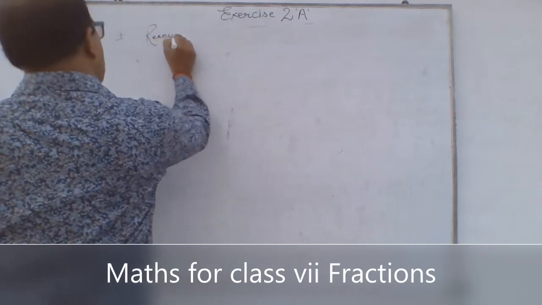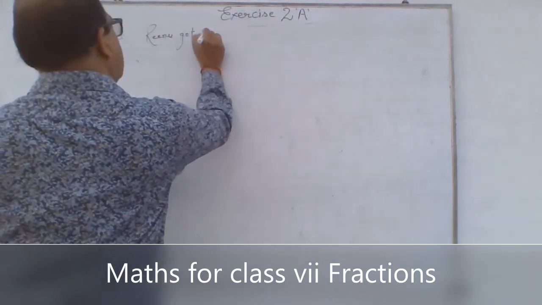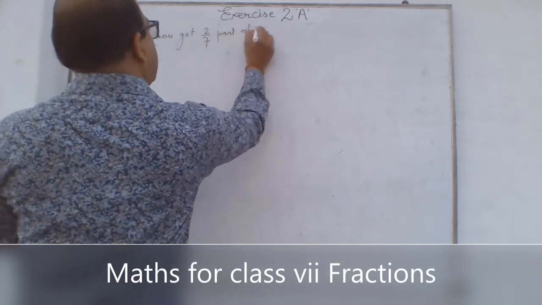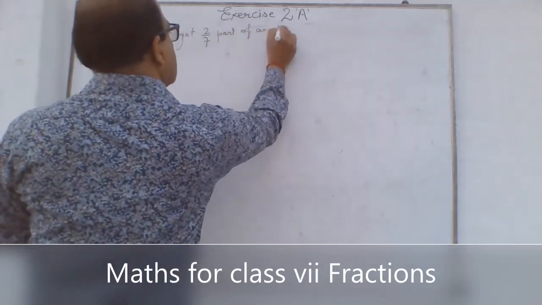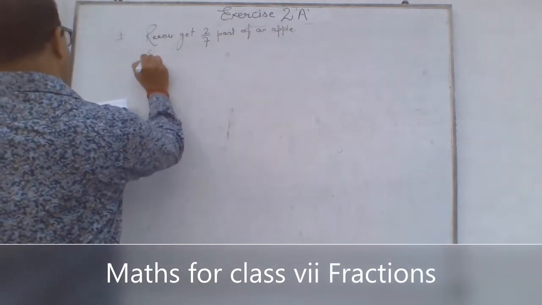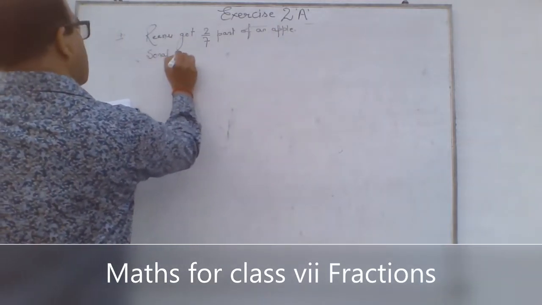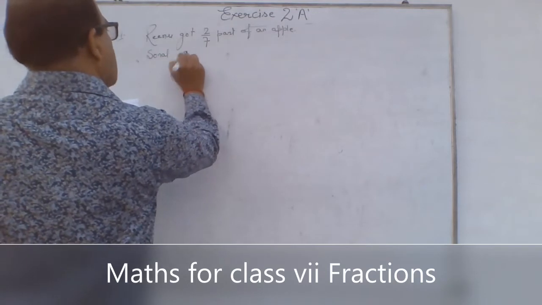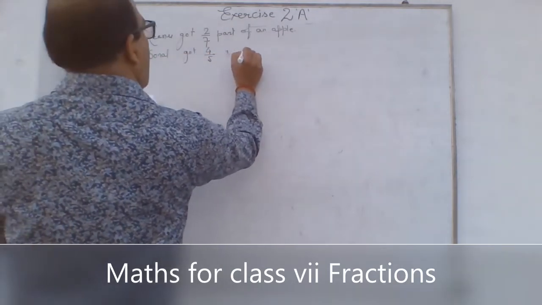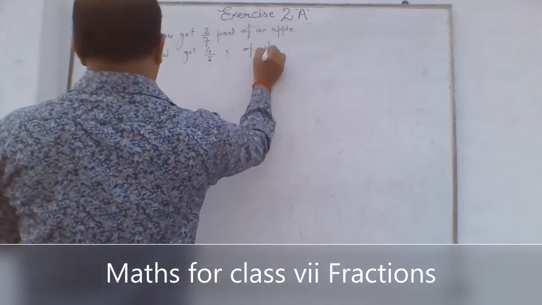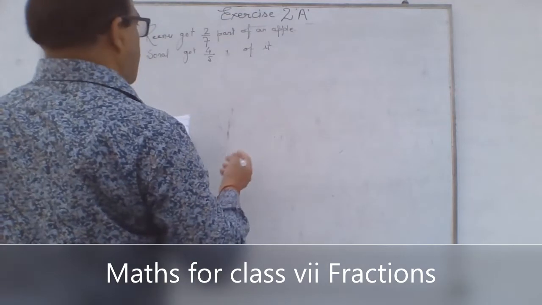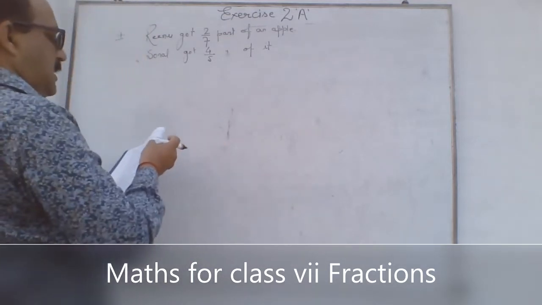Renu got 2 by 7 part of an apple while Sonal got 4 by 5 part of it. Who got the larger part?